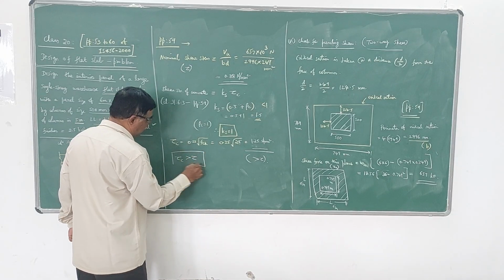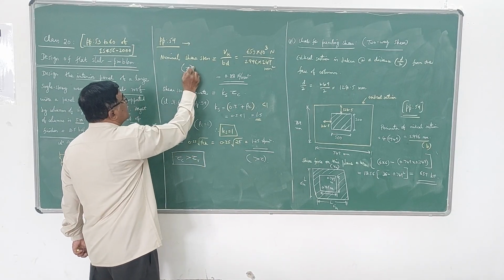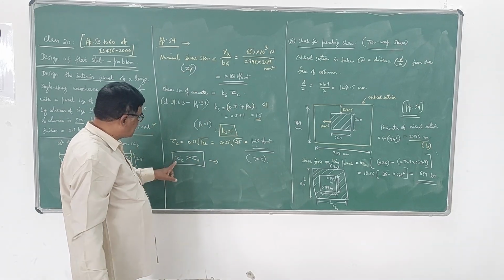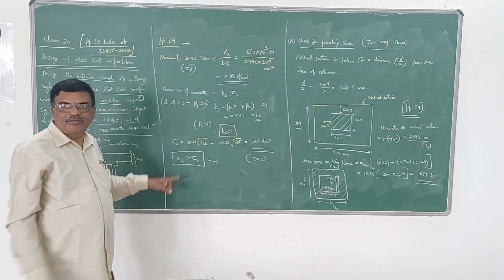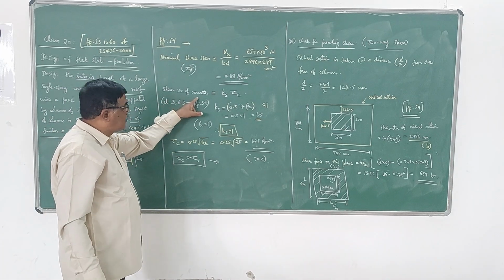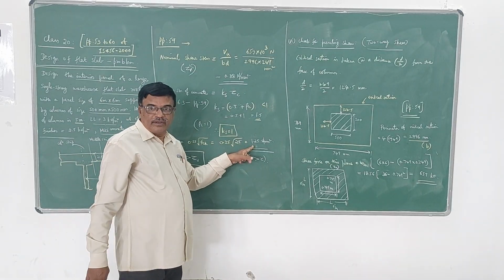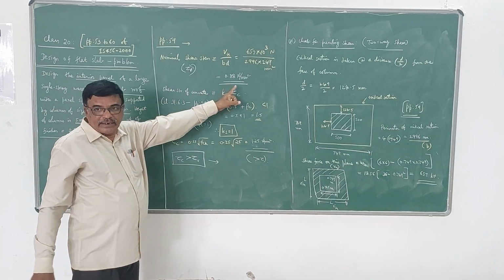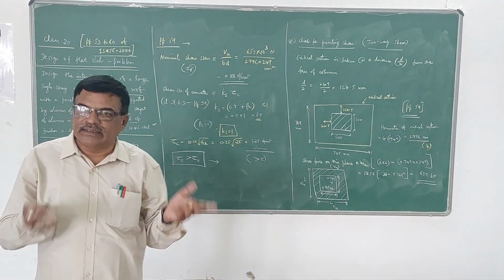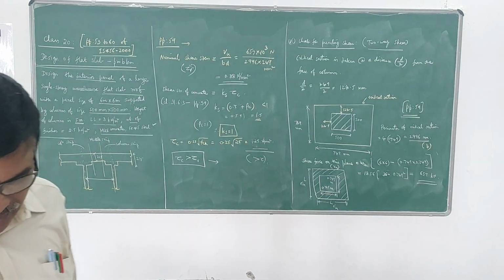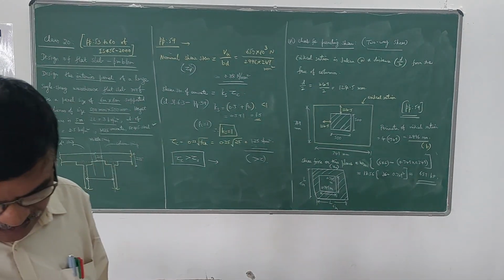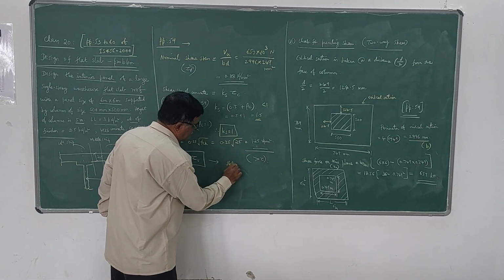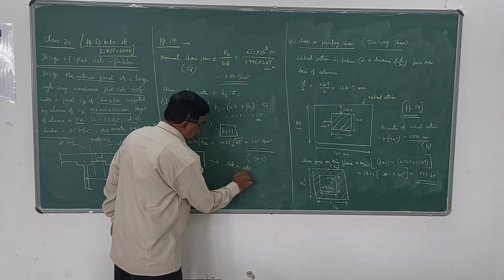When tau c is greater than tau v, no shear reinforcement is required because concrete itself will take the shear. Shear strength of concrete is 1.25, whereas the actual shear stress coming on the slab is 0.88. So there is no need of providing shear reinforcement. Hence the slab is safe in punching shear.